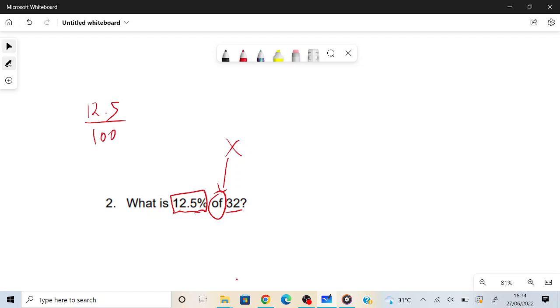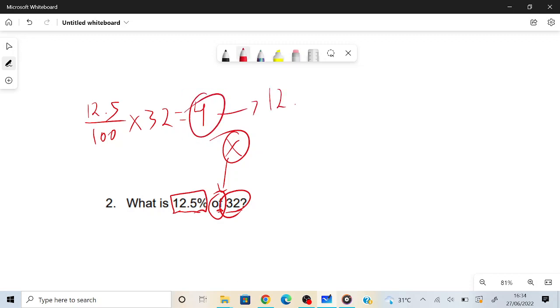And then with your word of, symbolizing times, you times it by the number it's asking you, that's 32. And putting this in your calculator, you should get 4. That means 4 is 12.5% of 32.